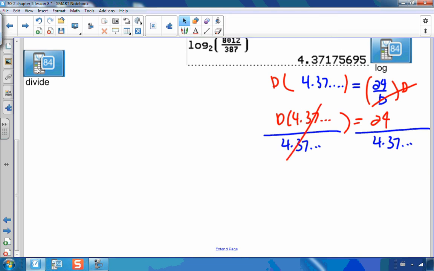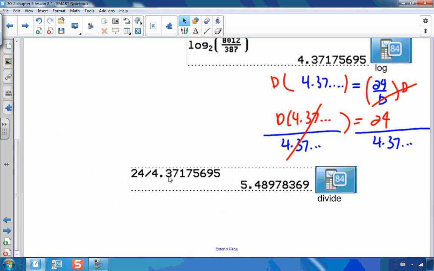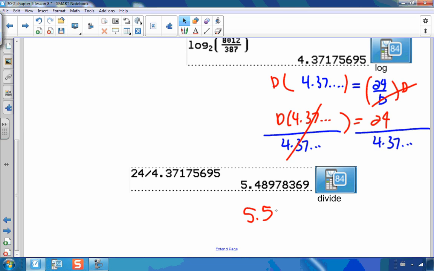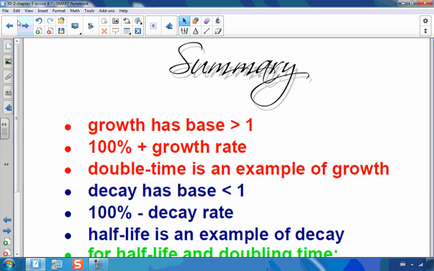The key to these questions is stating the formula, plugging in everything that you know, and solving for what you don't. To summarize, if we're dealing with growth, the base is greater than 1: 100% plus the growth rate. Doubling time is also a growth example because the base is 2. Decay is when the base is less than 1: 100% minus the decay rate.